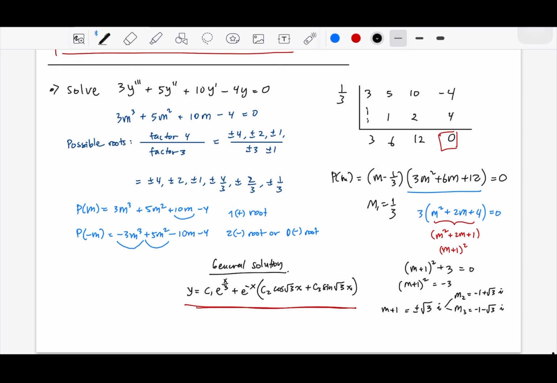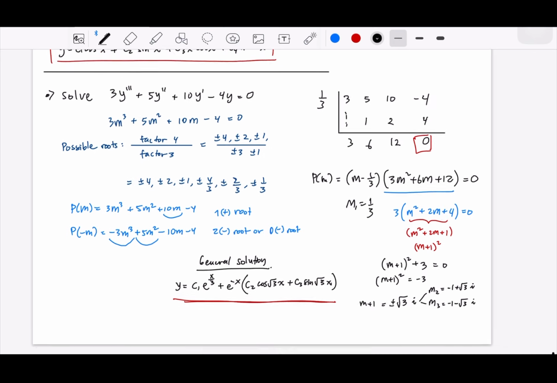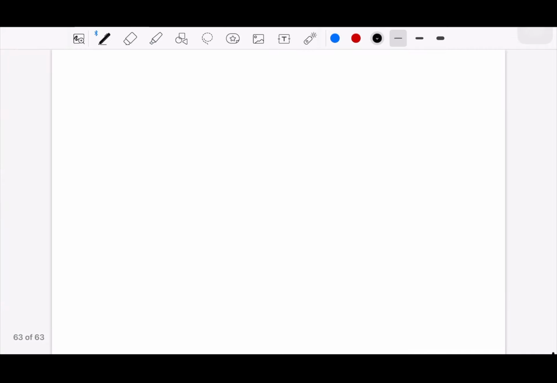Okay, the undetermined coefficient is actually quite simple. So let me give you a very summarized method. So I believe all the introduction here has already been explained before. So let me just write. First is the undetermined coefficient.